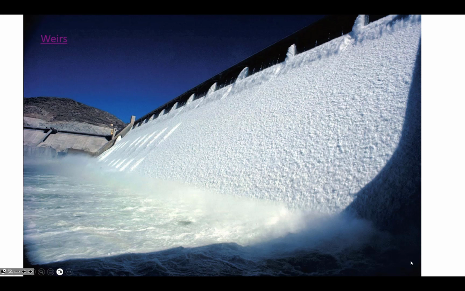And if you only have a relatively small length, then of course velocity is the flow rate Q divided by the cross-sectional area. And the cross-sectional area that we're talking about is the depth of the water and then the length of the weir.